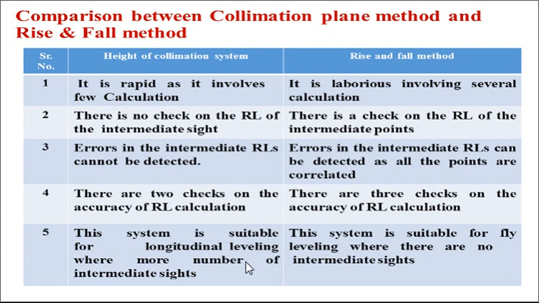The last point: the height of instrument system is suitable for longitudinal leveling where there are many intermediate sight readings, while the rise and fall method is suitable for fly leveling where there are no intermediate sight readings. So this is the comparison between the collimation plane method and the rise and fall method.